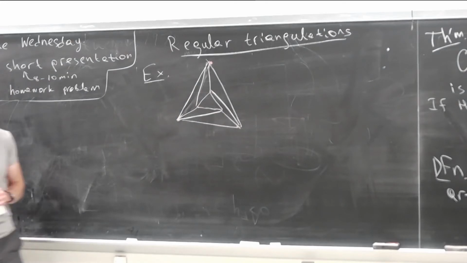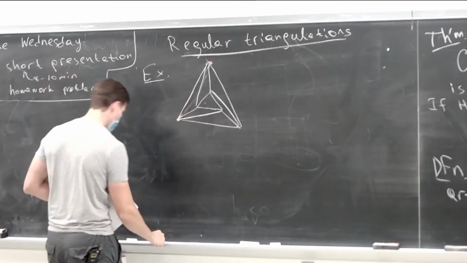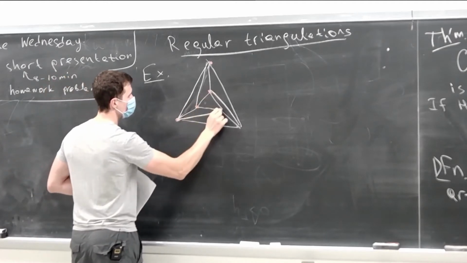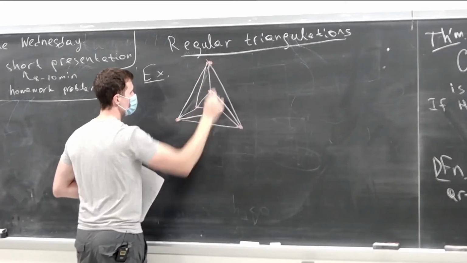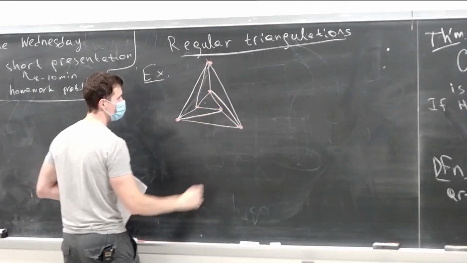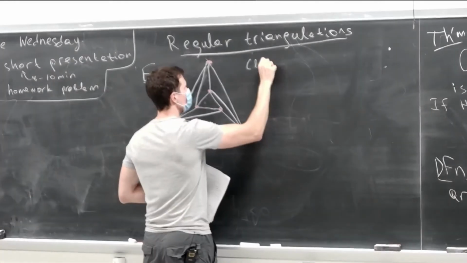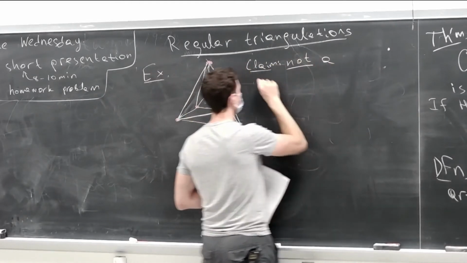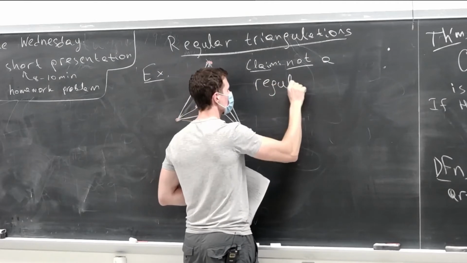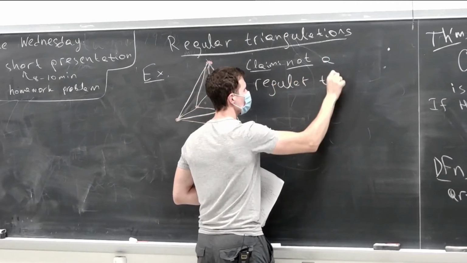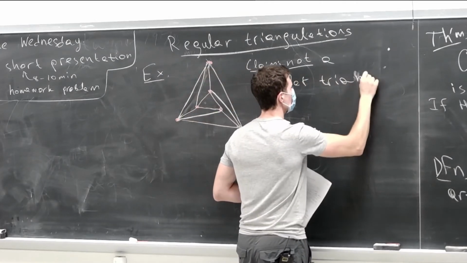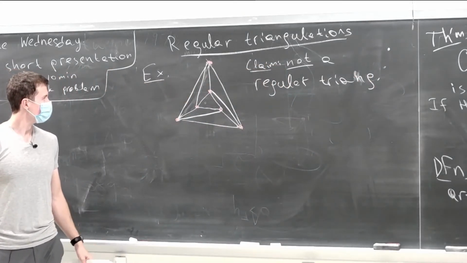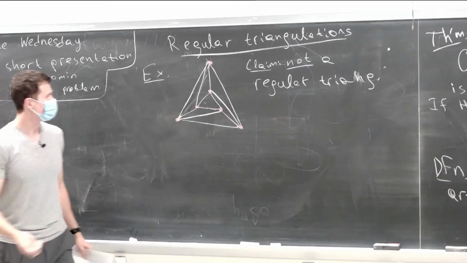So claim this triangulation here, where A is 6 points, is not a regular triangulation. It's a nice exercise.